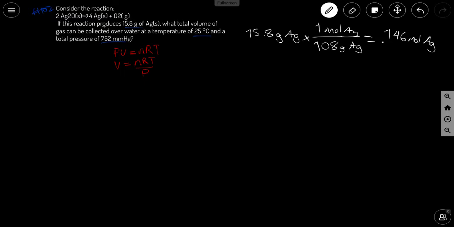The reason being is that this is a question that involves vapor pressure, and it's giving us an amount of water collected at a temperature of 25 degrees Celsius, and that's how I know. So I'm going to go ahead and convert it to oxygen.